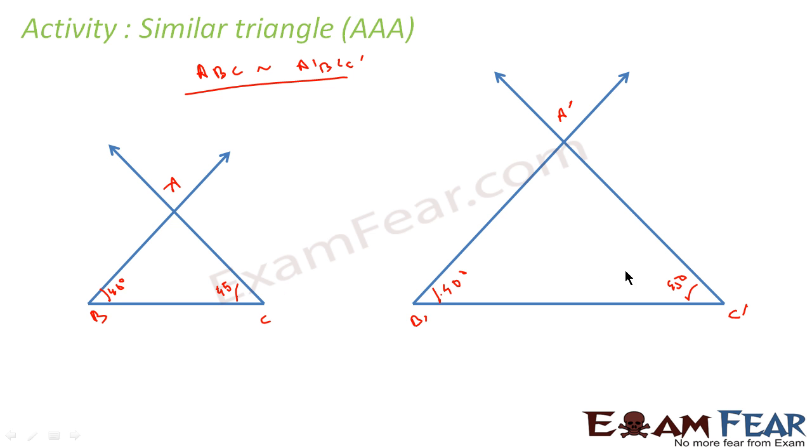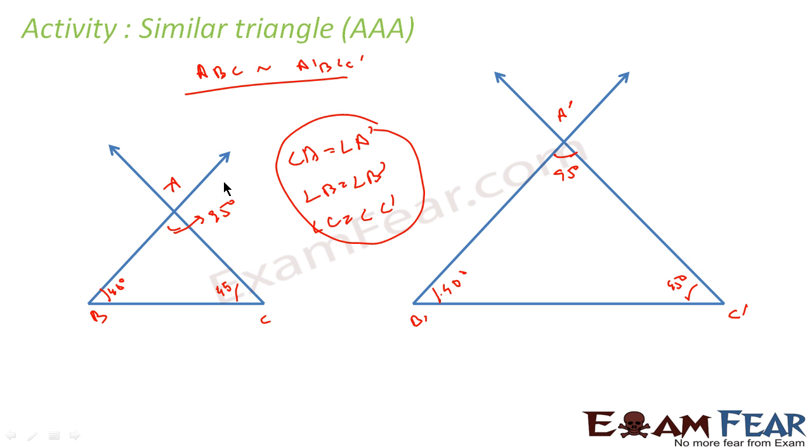Intentionally we have developed it: this is 40, this is 45, total is 85, so this has to be 95. Similarly in this one, this is 40, this is 45, this has to be 95. So angle A is equal to angle A dash, angle B is equal to angle B dash, and angle C is equal to angle C dash, correct? So both the triangles are similar.